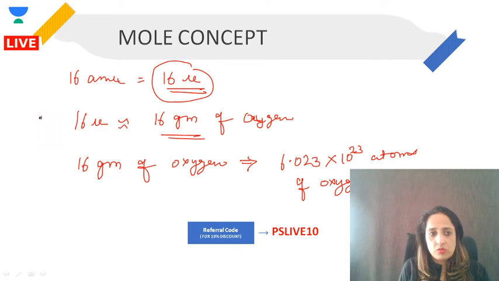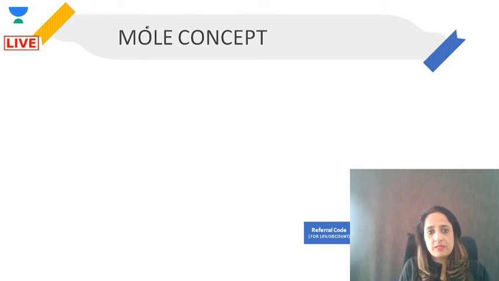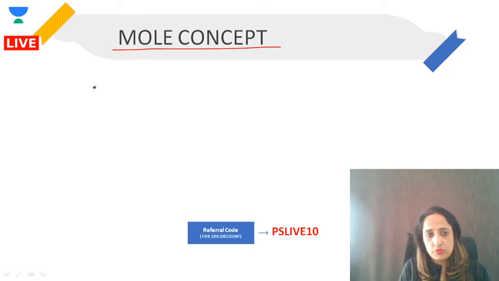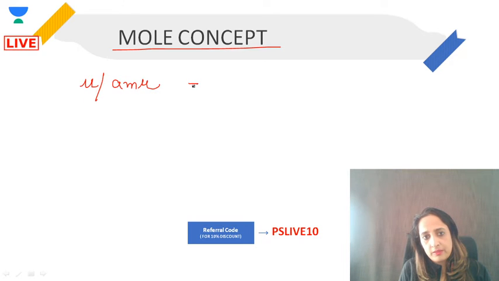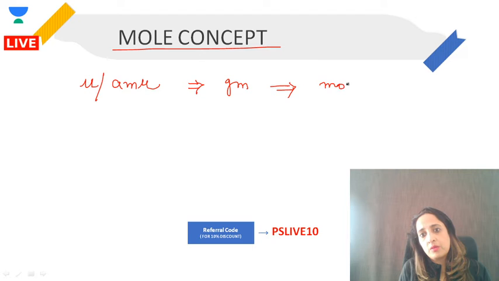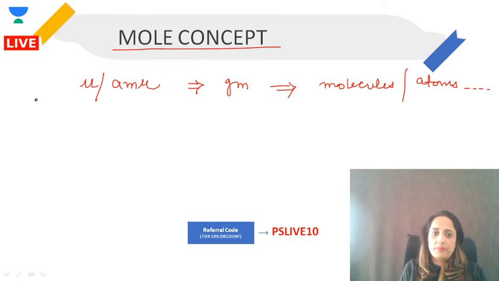Okay, so this is the relationship which we all get confused between: the U or AMU, grams, and molecules or moles, molecules or atoms or whatever we are discussing here.